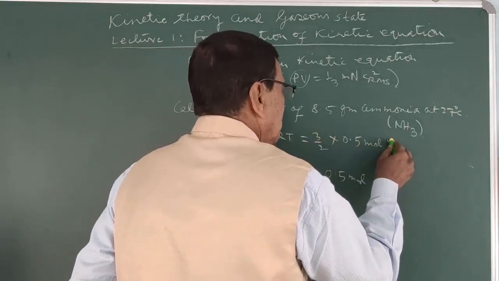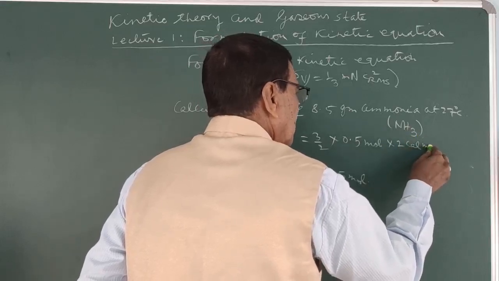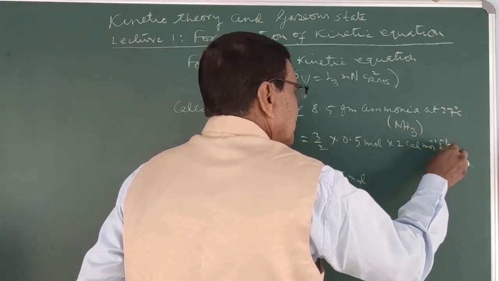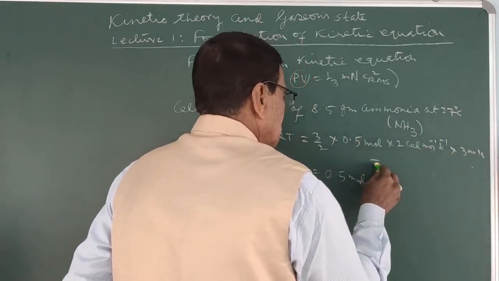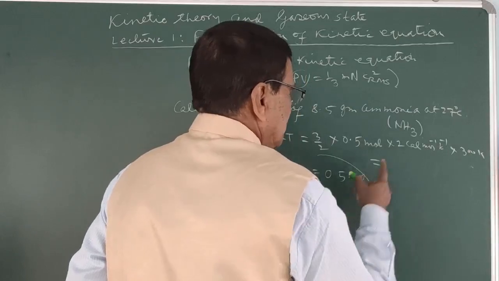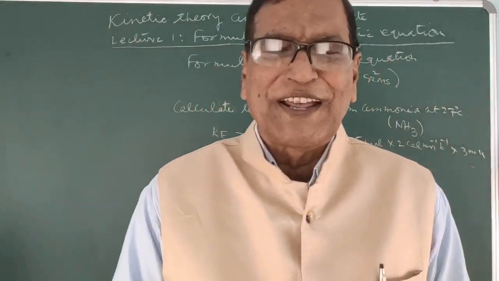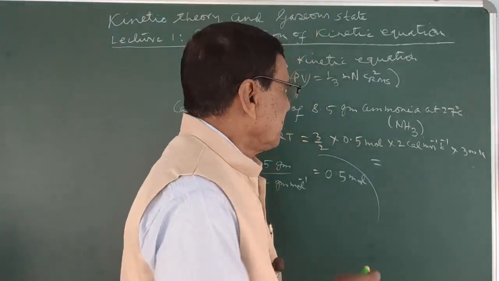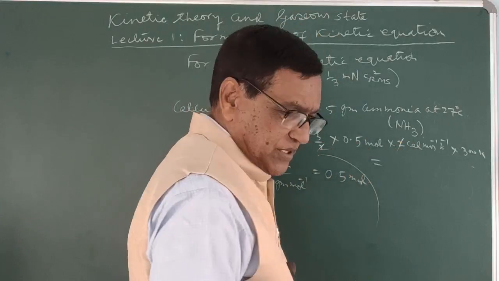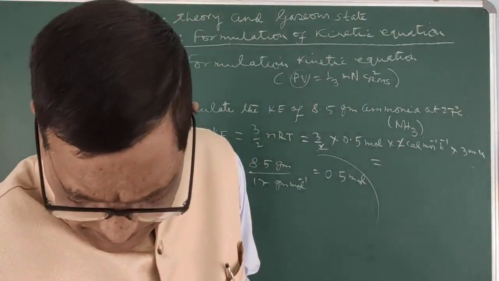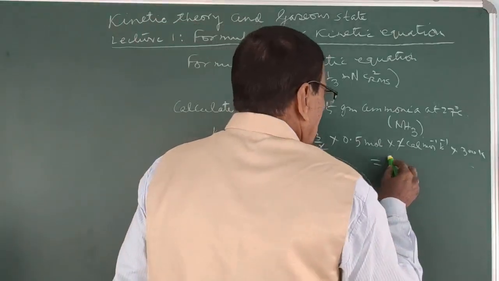And if we put R equal to 2 calorie per mole per kelvin and T equal to 300, the calculation is very simple. Whenever we put this value of R as 2 calorie, 2 and 2 cancel, and it will give you 450 calorie.